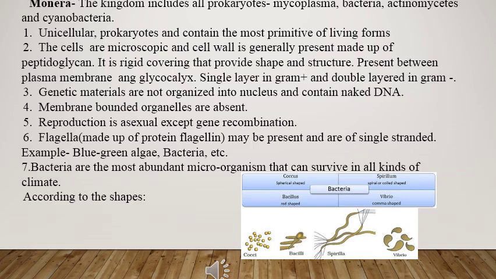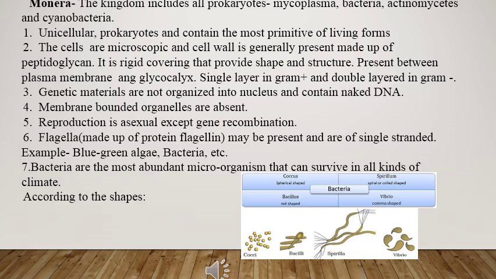Flagella, a long thread-like structure of single strand, may be present, made up of the protein flagellin. The bacteria are the most abundant microorganisms present all over the earth, in any climate.